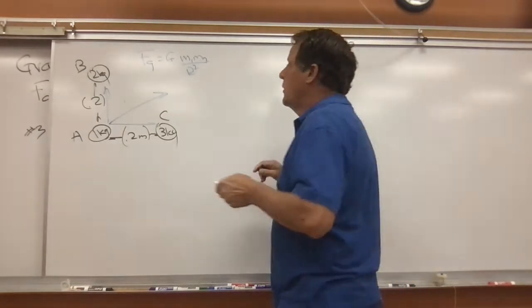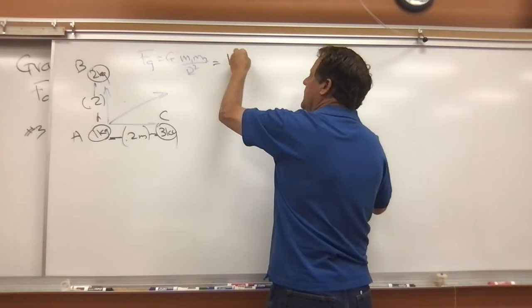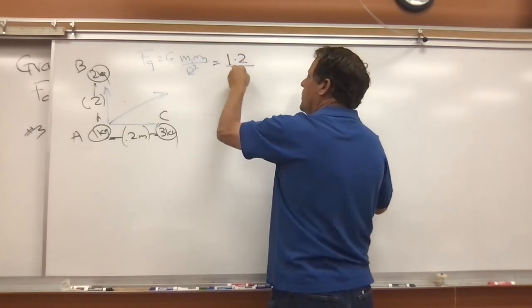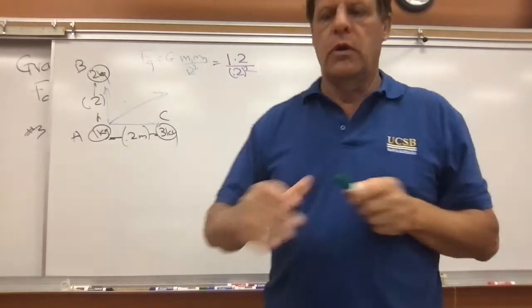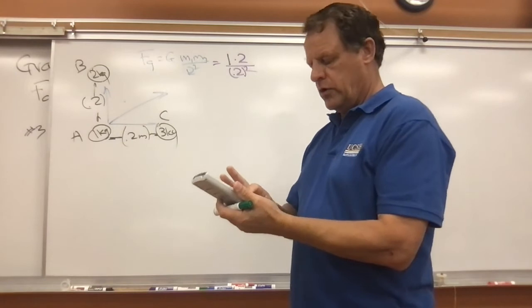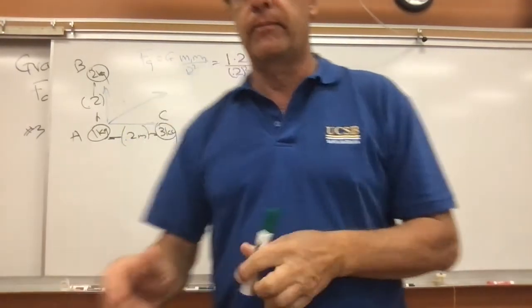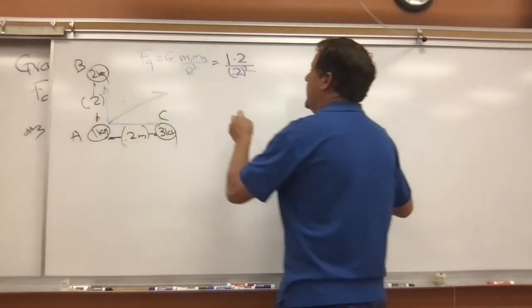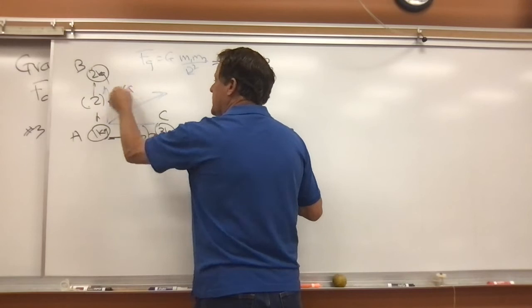So we're going to have 1 times 2 divided by 0.2 squared. 2 divided by 0.2 squared is going to be 50, so this one is going to be 50G.